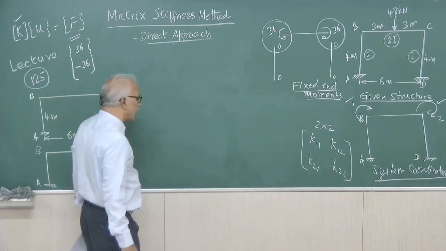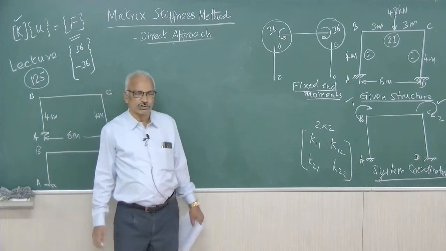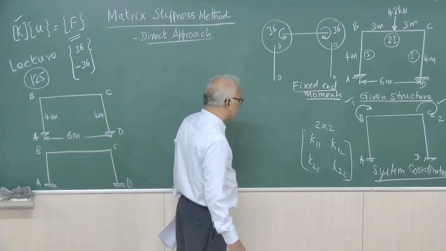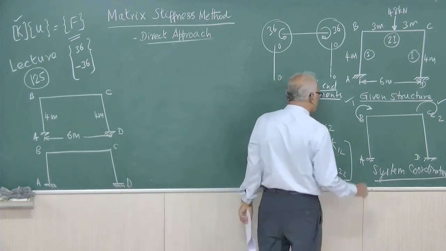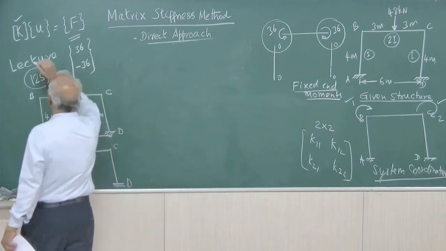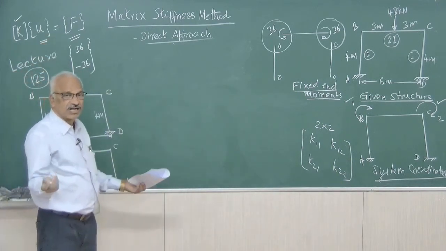Right. Now for getting the system stiffness matrix, there are again force quantities. So we have to apply unit displacement, because displacements are not known. U1 and U2 are not known. U1 and U2 are theta b and theta c, they are not known.